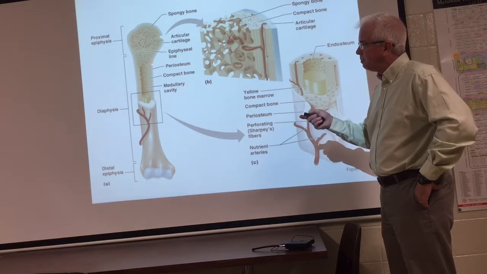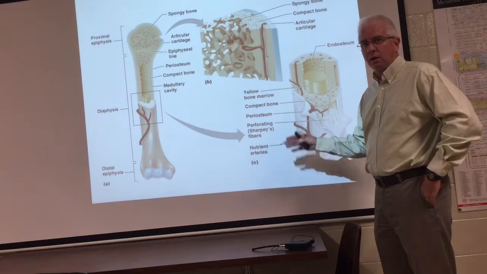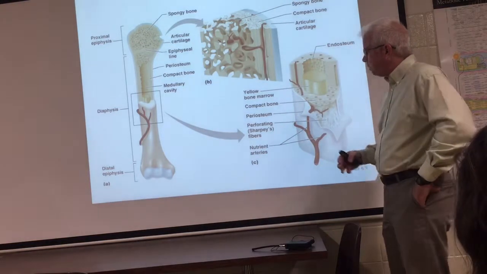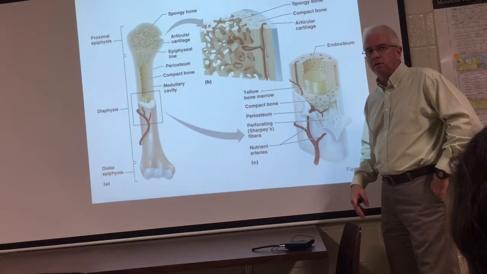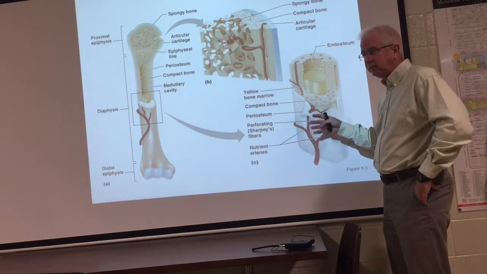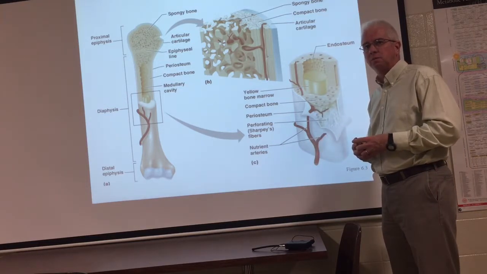There is, in fact, a periosteum that covers the bone. Periosteum is a dense fibrous connective tissue, and the periosteum of bones normally is the living connective tissue sheet that fuses with the tendons and ligaments that attach to bones.